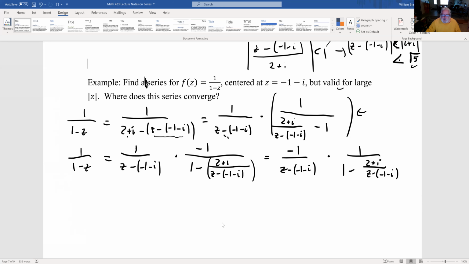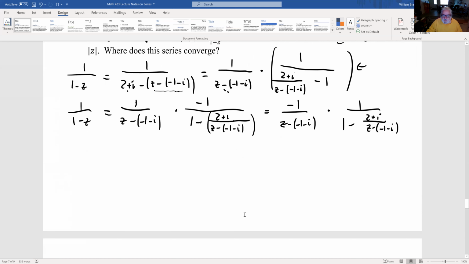And then we can do the same trick we've done before, right? Set this equal to w.